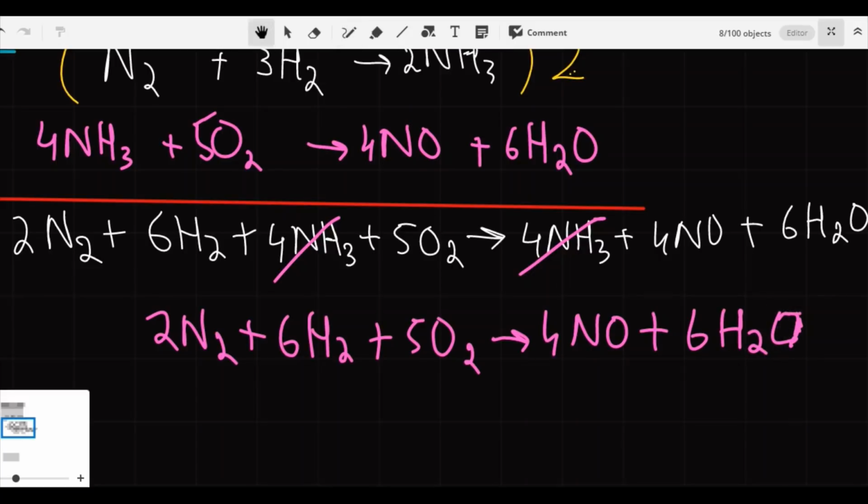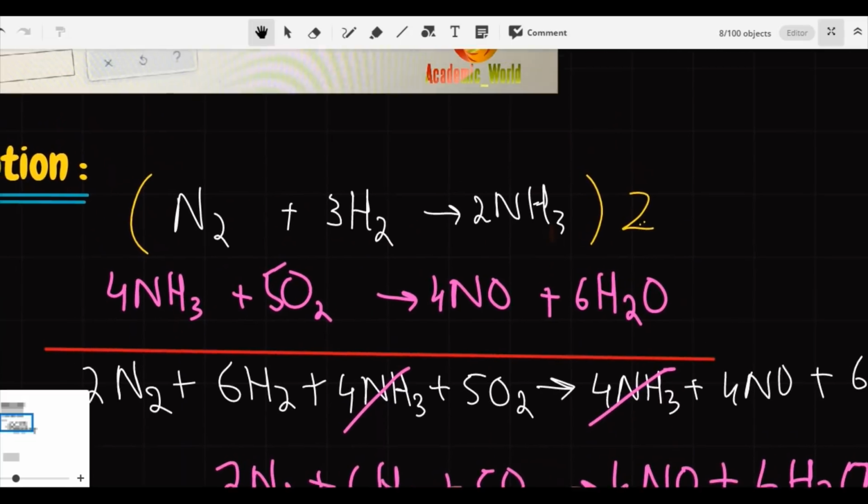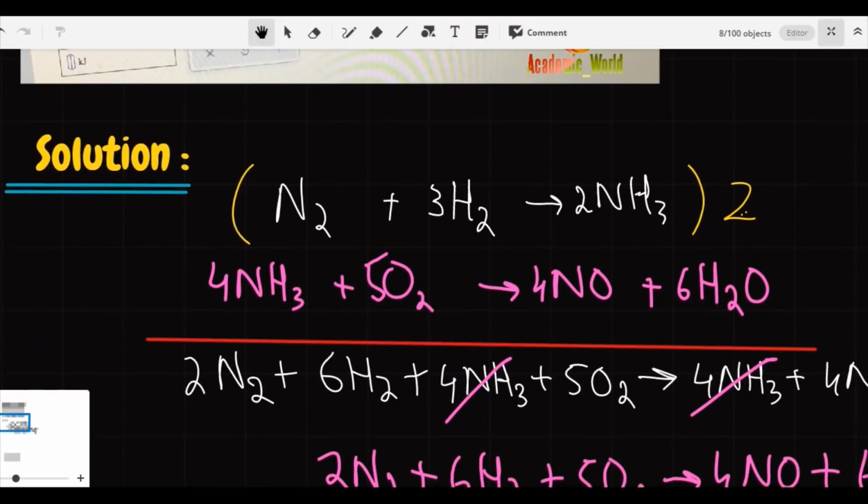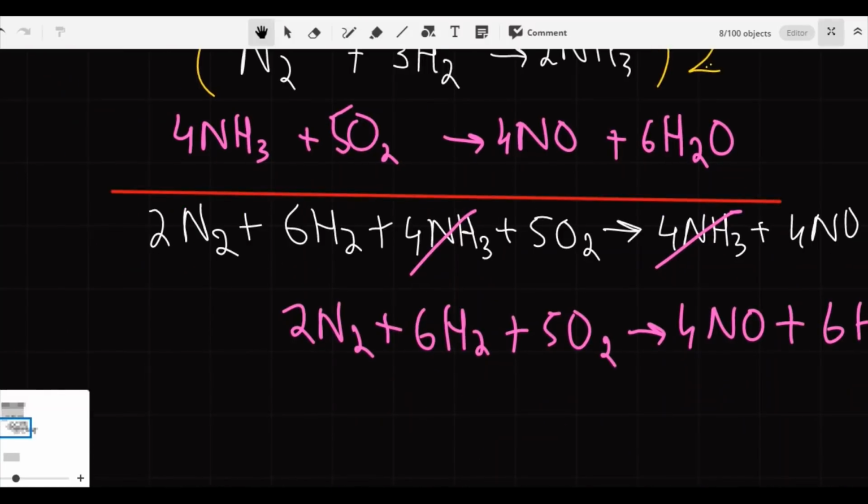Okay, so the first step is given as del H equal to negative 92, while the second step is del H equal to negative 905.0 kilojoules.